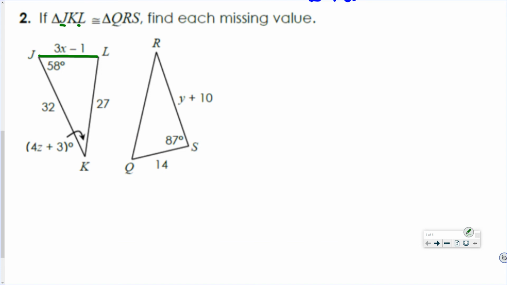So if I look, JL is listed as the first and third vertex in that triangle. So what side in the second triangle does it correspond to, Alex? QS, exactly, this one. So if these triangles are congruent, those sides would be congruent. So you should have gotten X to be 5.